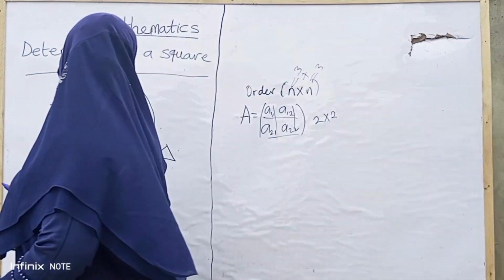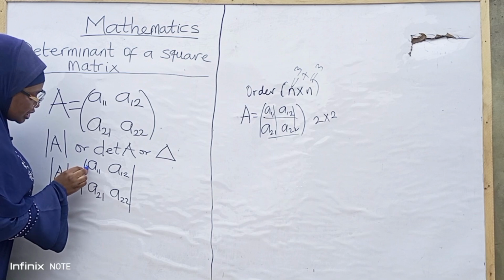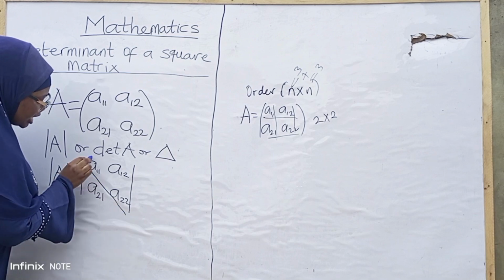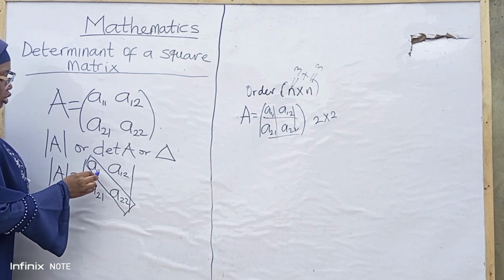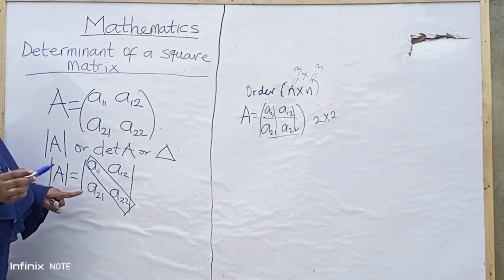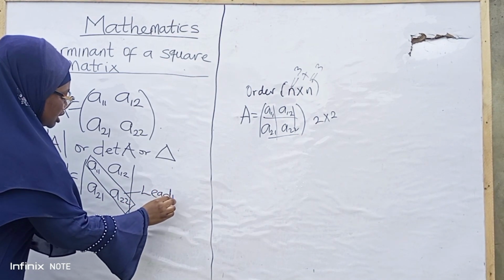To find the determinant, we first multiply the elements in the leading diagonal of that square matrix together. Here is the leading diagonal of this matrix.